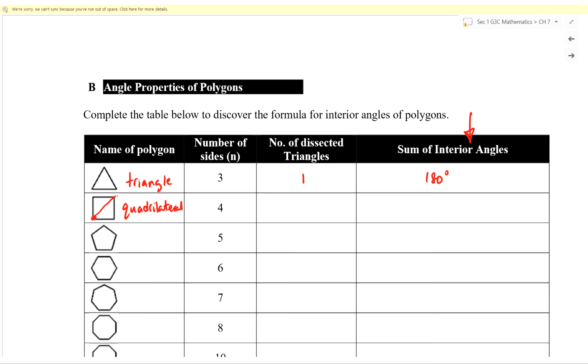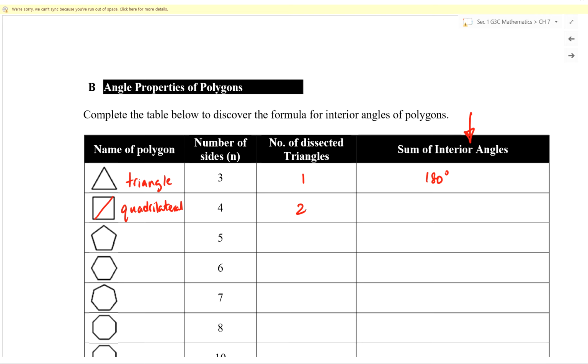For this four-sided figure, you don't have much choice. You're either going to get my diagram over here, or you're going to start from this point and up. So either way, you will get 2 triangles. You have dissected, you have separated the four-sided figure into 2 triangles.